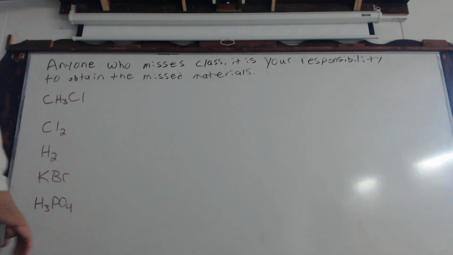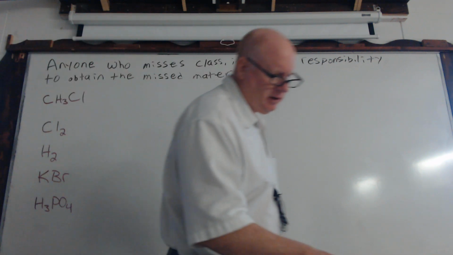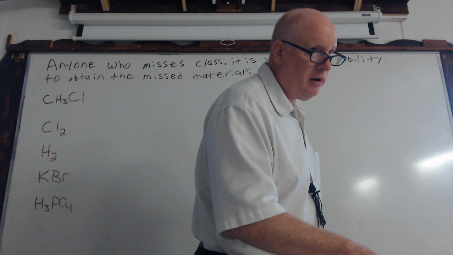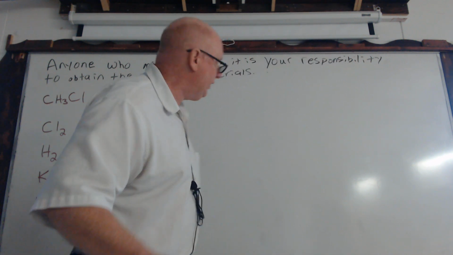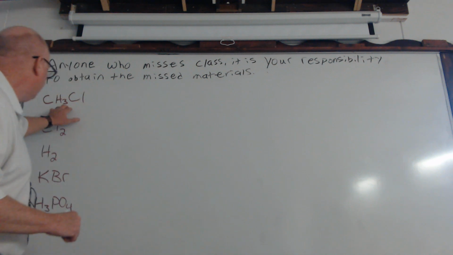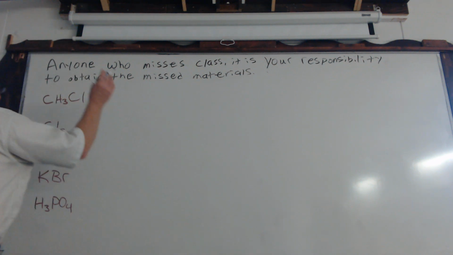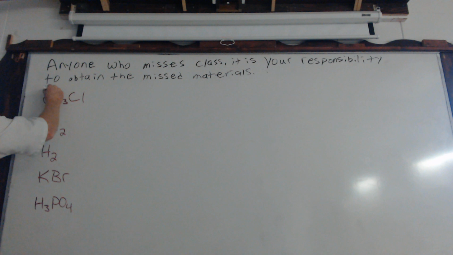Okay, so this would be very similar. The first example they have is CH3Cl. Okay, it's just a coincidence. We wrote this one up here. So carbon, of course, is in column 4. Hydrogen's in column 1, and then chlorine's in column 7.